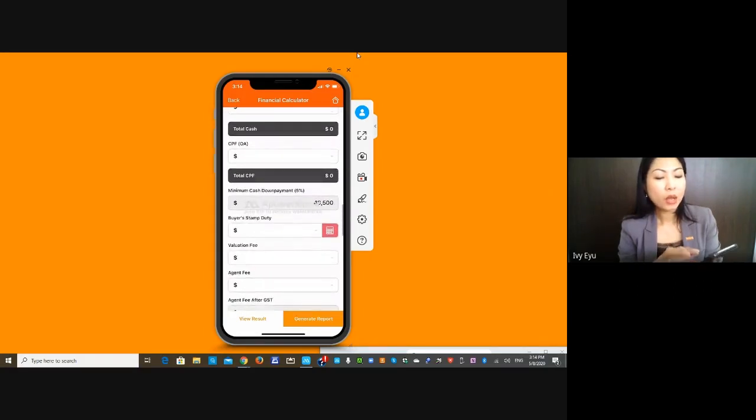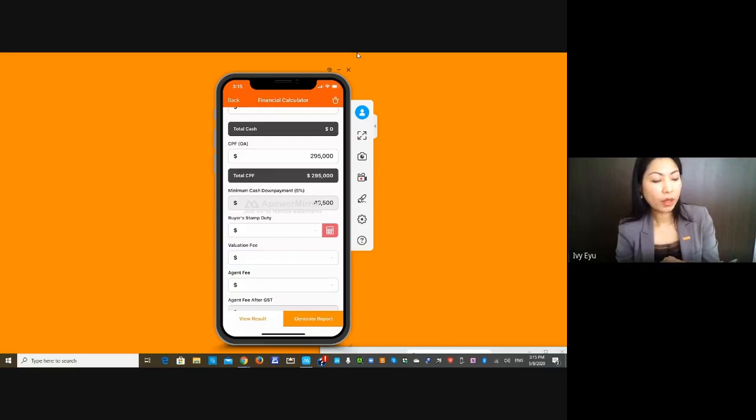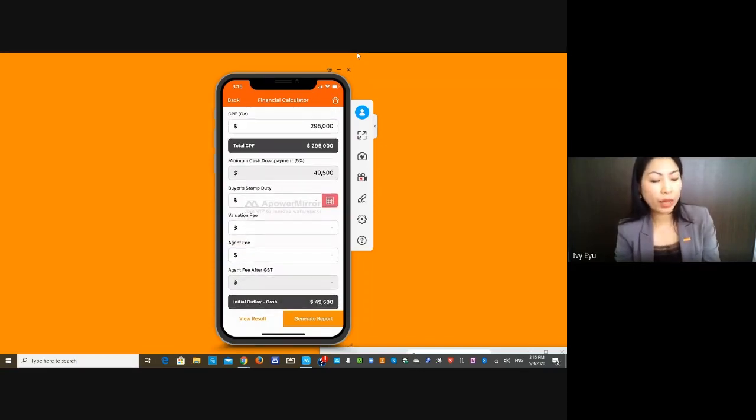Okay. So remember they told me they have the CPF of 150K and 145K. I will input as 295. Okay, so the total CPF 295. So immediately the calculator do show you that they require a 5% cash down payment.